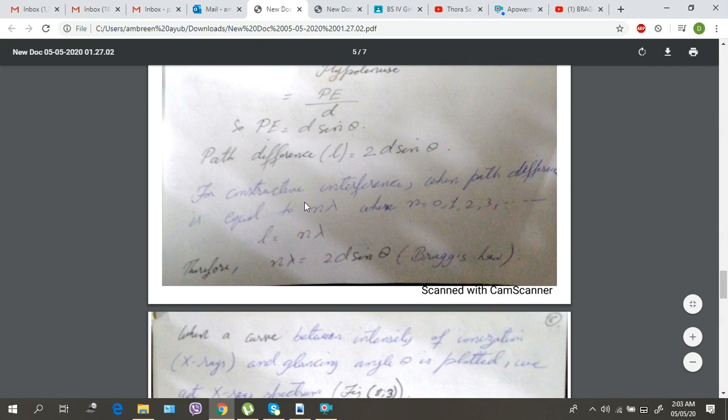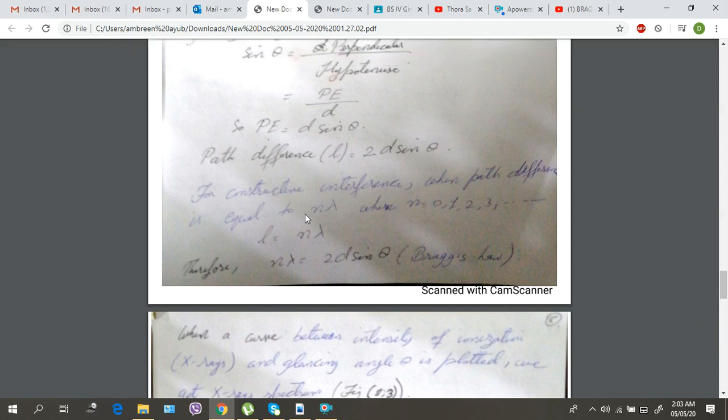And now for constructive interference, we know that when the path difference is equal to n lambda, where n is equal to 0, 1, 2, 3, and so on. So L is equal to n lambda for constructive interference. Therefore, n lambda is equal to 2D sine theta. That is Bragg's law.